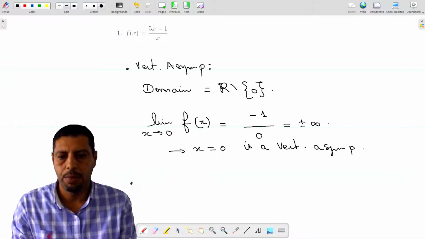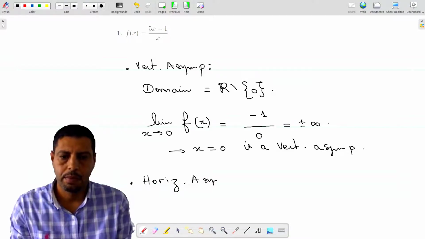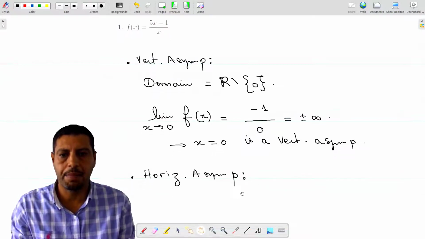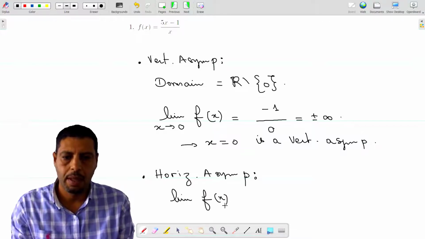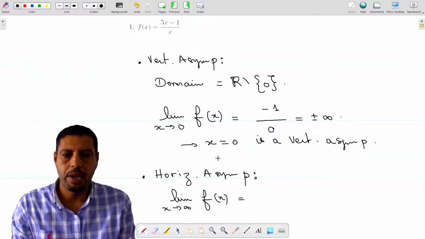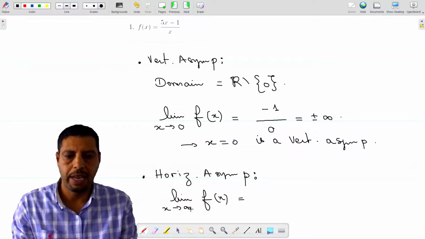Now, let's move to the horizontal asymptote. And here we're going to compute the limit of f of x at plus and negative infinity. So let's start with the limit of f of x as x approaches infinity. And here we're going to use the leading terms rule, because we have a limit at infinity.